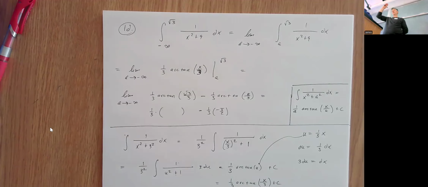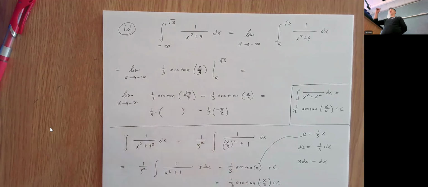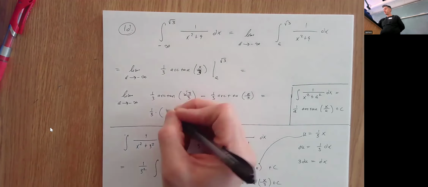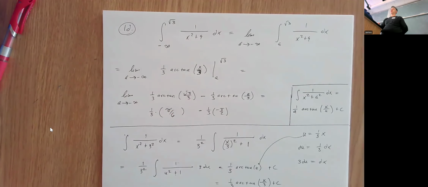So tangent is y/x. Since my y is smaller than my x, I want the smaller angle with the smaller y and the bigger x. And the smaller angle we know that isn't 45 degrees or 0 is going to be 30 degrees or pi/6. That's one way to suss it out.